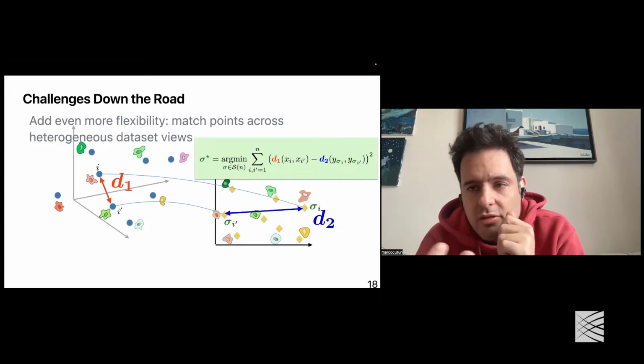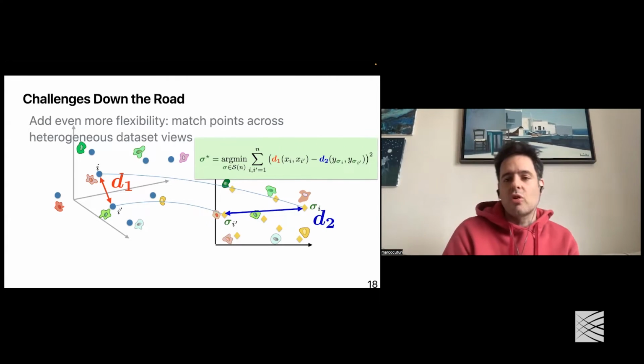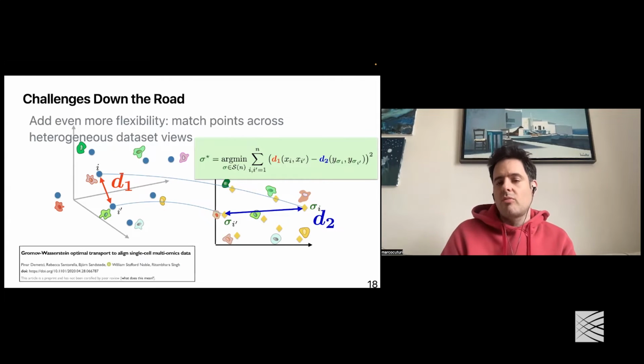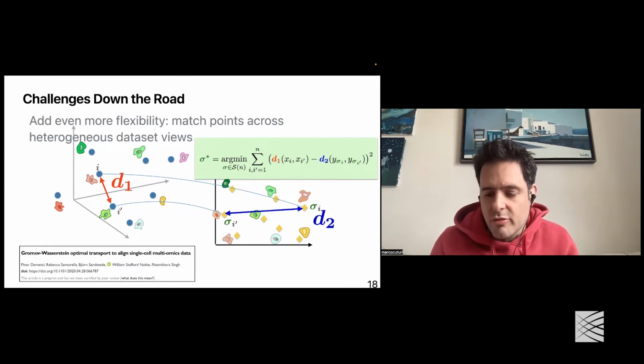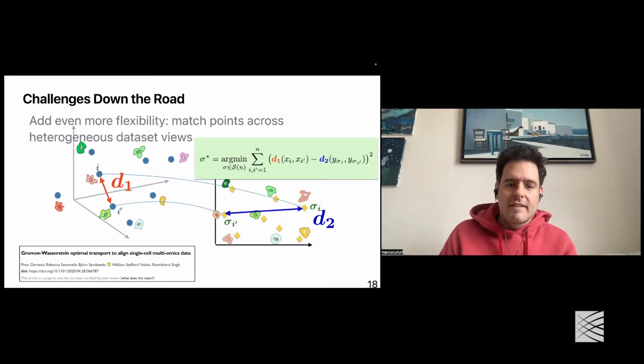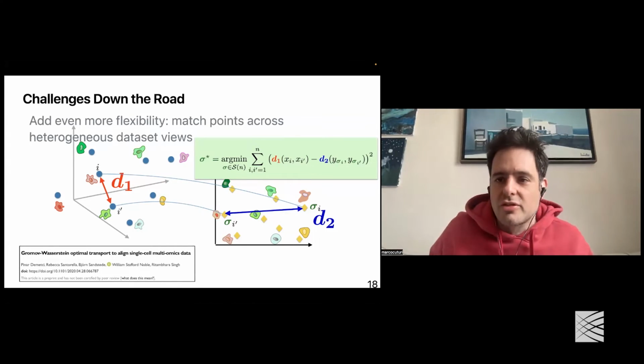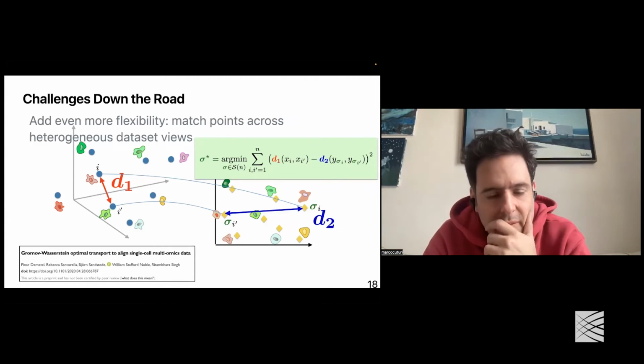This is called a quadratic optimal transport problem. And people in the optimal transport community have been calling this, for quite a while, the Gromov-Wasserstein distance. You will likely encounter such definitions, and Marius will in particular talk about them next.